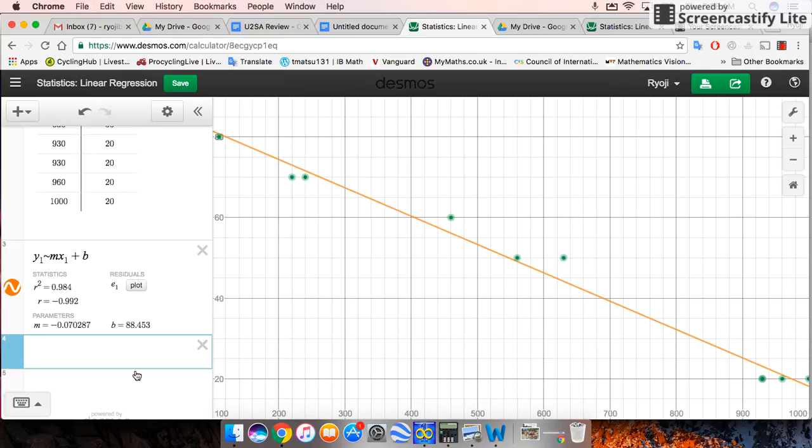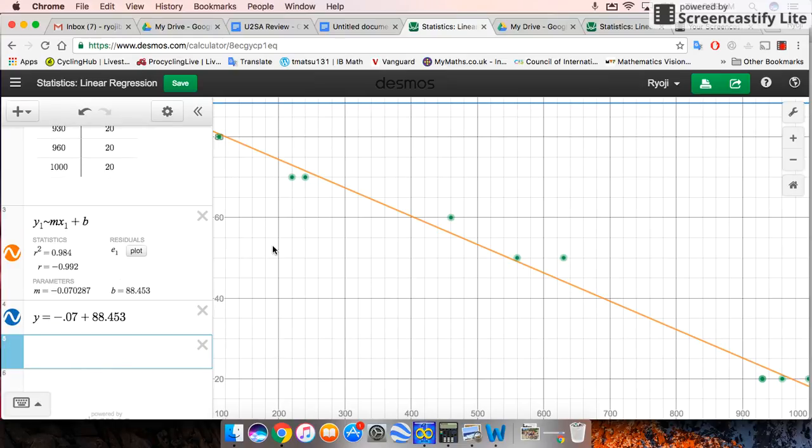So when you're writing the equation of the regression line on the quiz or test, you're just going to type it in as y equals. Then we're going to use the m value, which is negative 0.07, and then the b value, which is right here, plus 88.453, right?